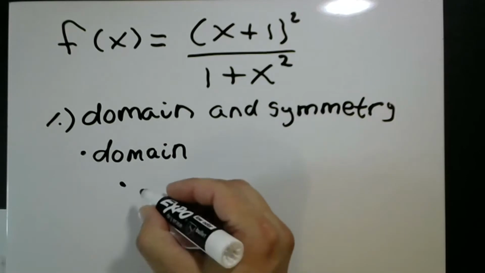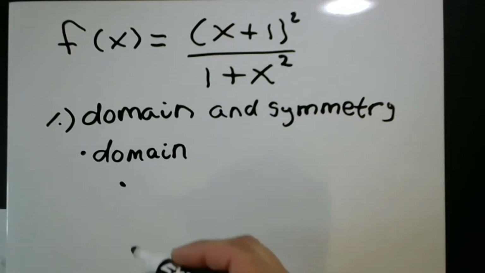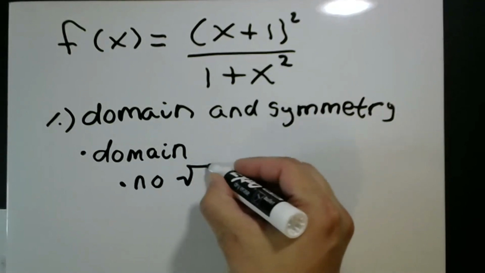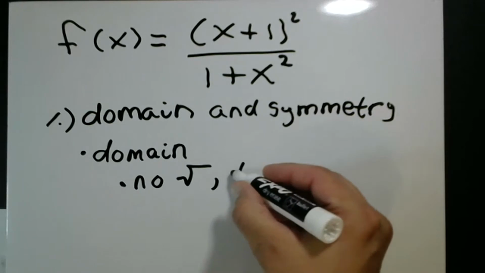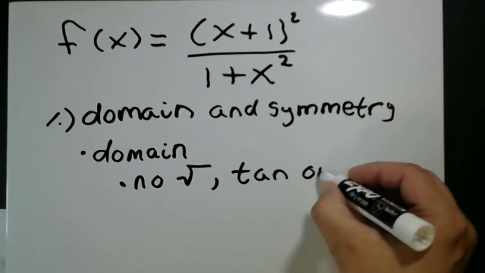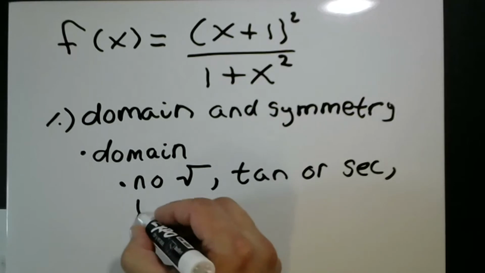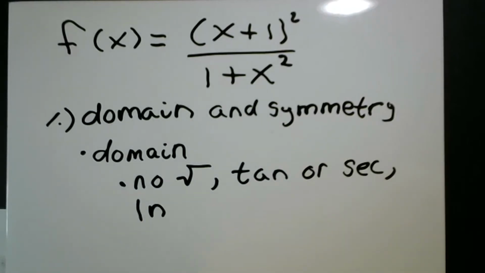Things that could get us into trouble are square roots, tangent functions, secant functions, natural log functions, functions where there are certain x values you can't put in there. But if we take a look at this, we don't see any square roots. There's no tangents or secants. No natural logs. So those aren't going to create an issue for us.